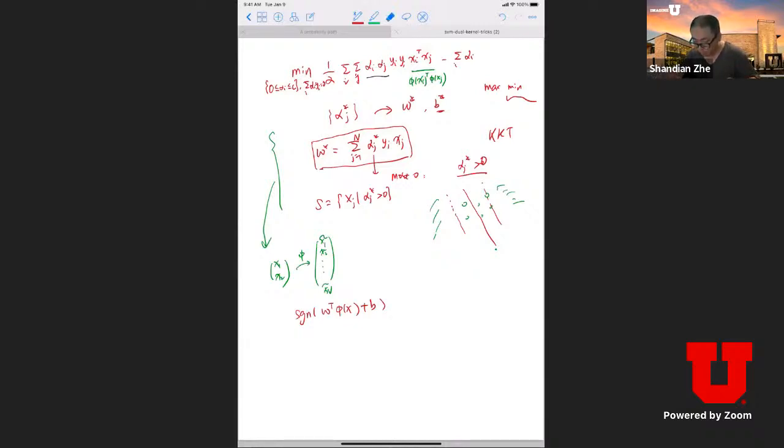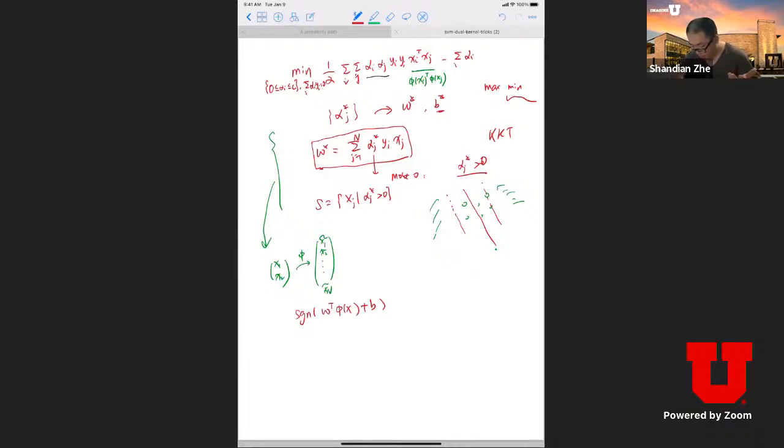From the structure of the dual form, we know that the optimal weight vector is essentially a linear combination of the support vectors. We just replace W by this.